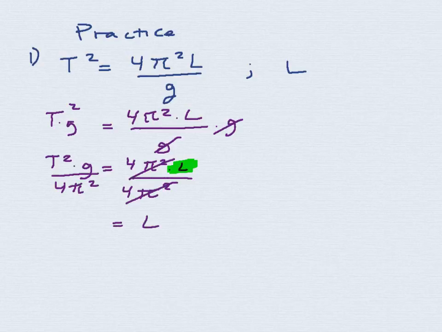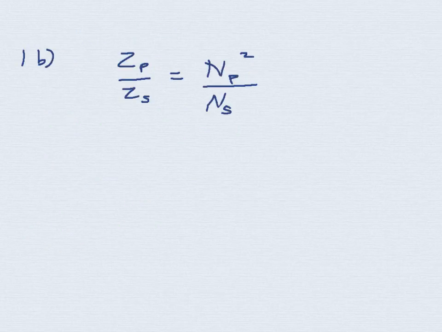You're left with L equals capital T squared times g divided by 4 pi squared. And that question is now solved for the indicated subject, the subject being L. You could also solve it for g if you like, but the question asks for L.